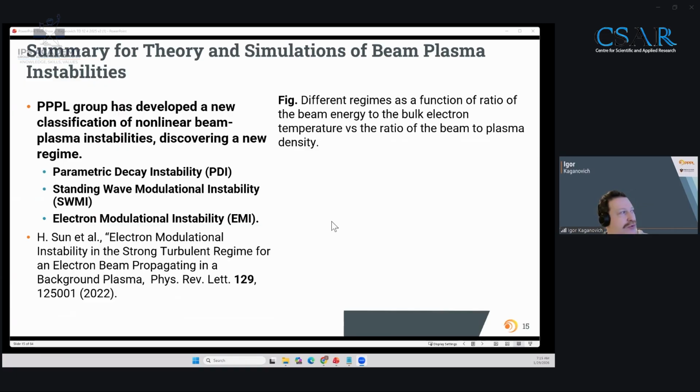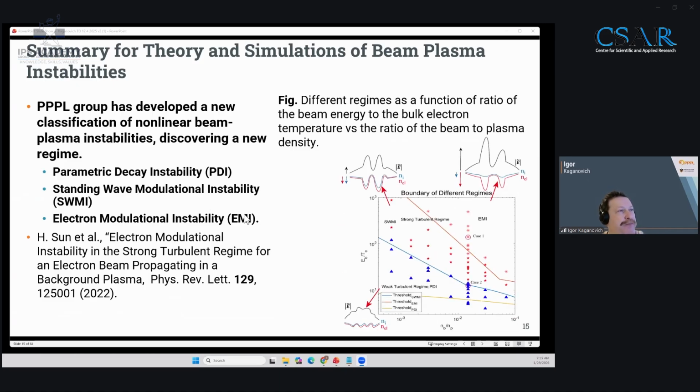I don't have time to go through details, but whoever is very interested, we recently published in Physical Review Letters and Physical Review E. Some of the effects have been known, like parametric decay instability or standing wave modulation instability, and so this schematic shows which regime we get as a function of beam density to plasma density ratio, and electron beam energy to electron temperature. And so you can see in this schematic the different regimes of nonlinear interactions you can get.